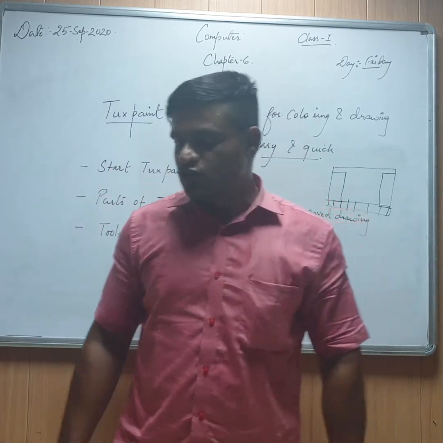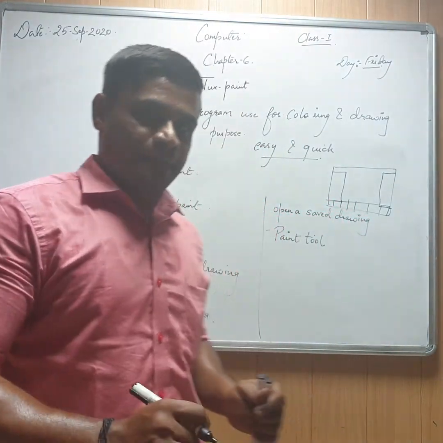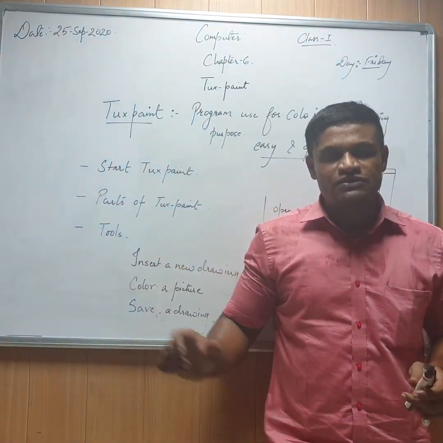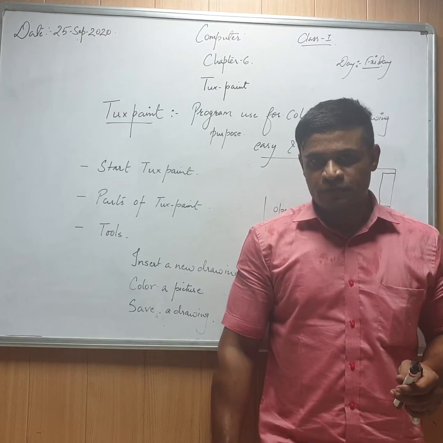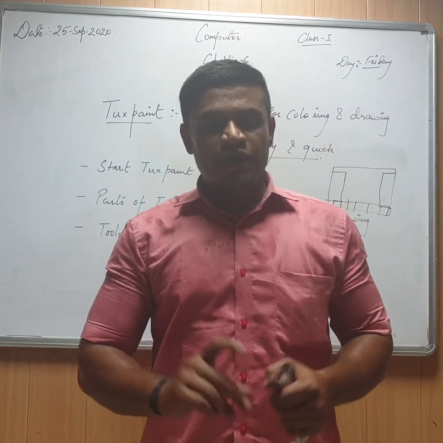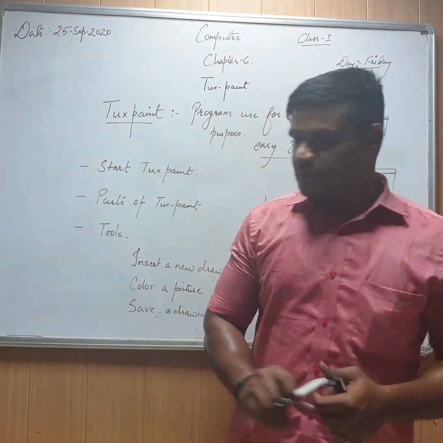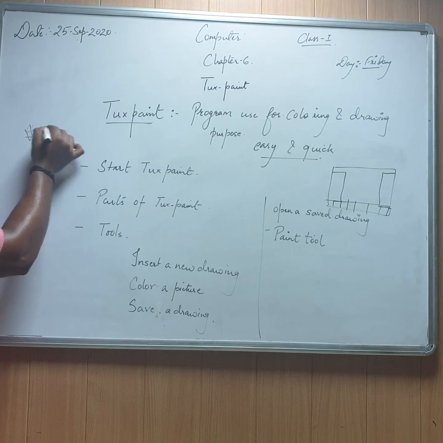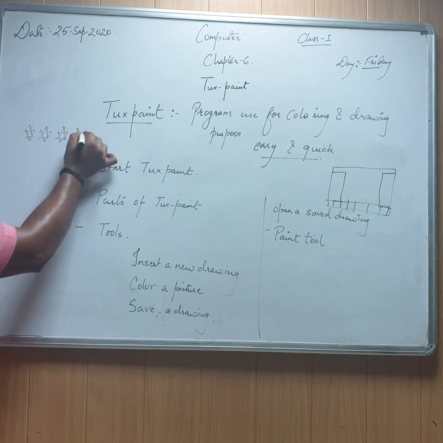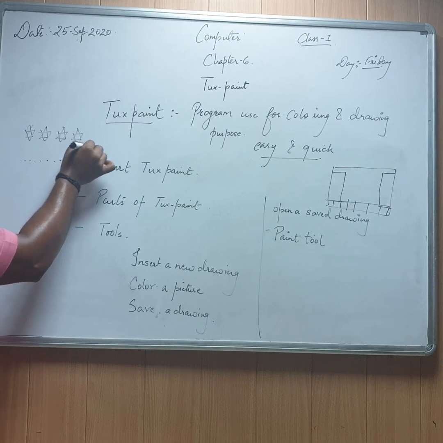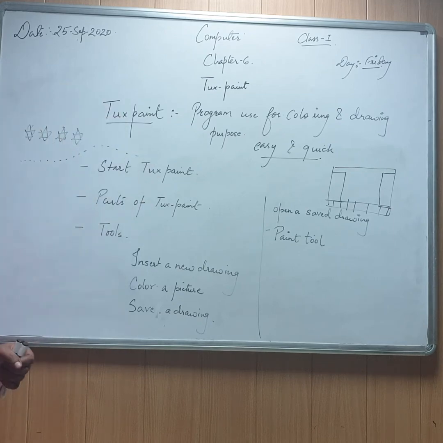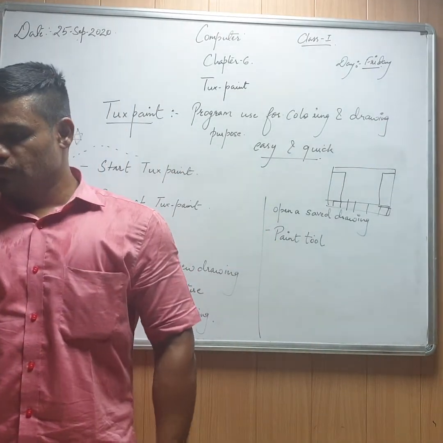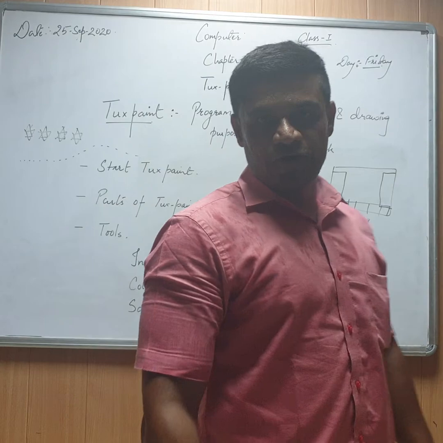Paint tool is used for freehand drawing, a drawing or curvy lines which you can draw by using the mouse. When you use a paint tool, it gives you certain patterns, let's say star pattern, dot pattern. Such kinds of patterns you can apply on your drawing by using the paint tool, which is used for freehand drawing.